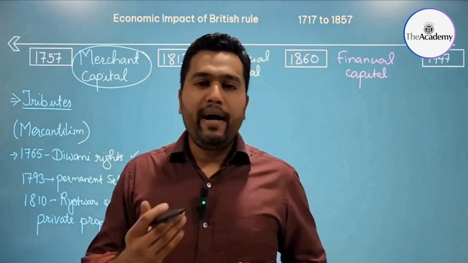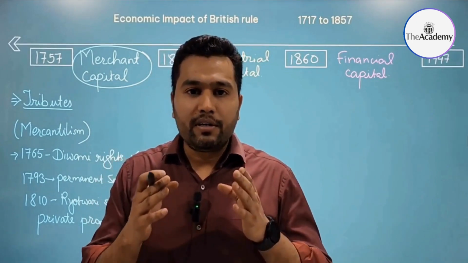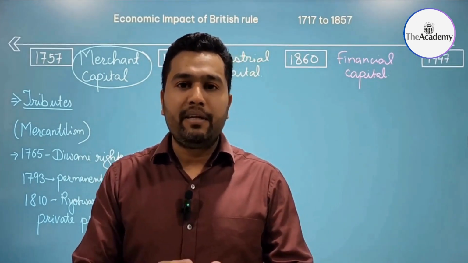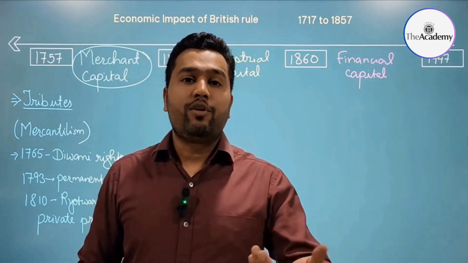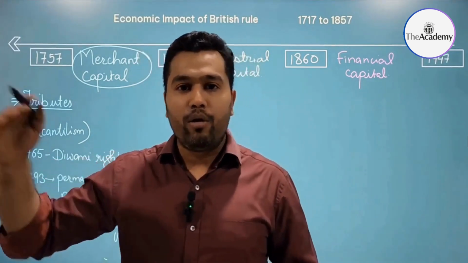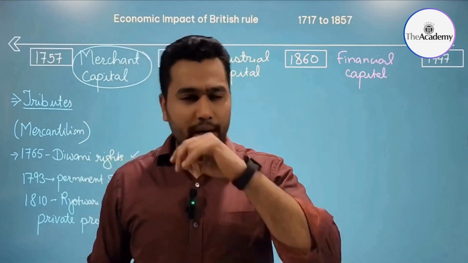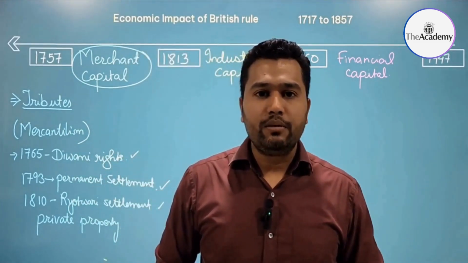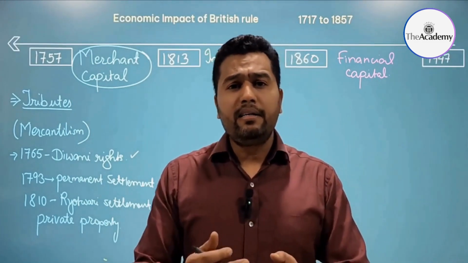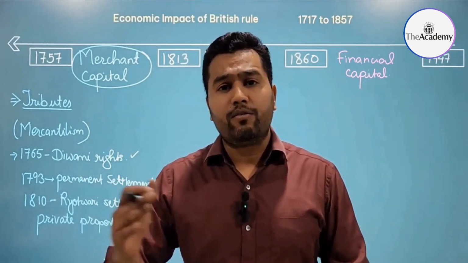The reason why the British could not apply the Permanent Settlement in the Madras and Bombay Presidencies was the absence of large zamindars like those in Bengal. Yes, you can say that polygars were there in the Madras and Bombay region, but they were not as effective as the zamindars of Bengal.